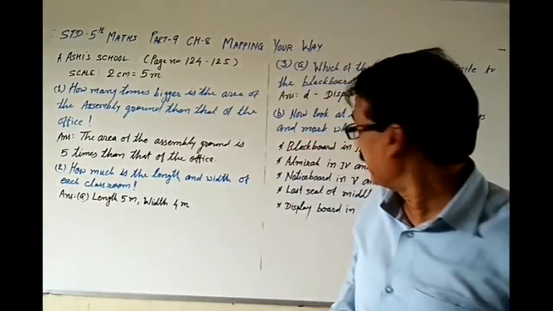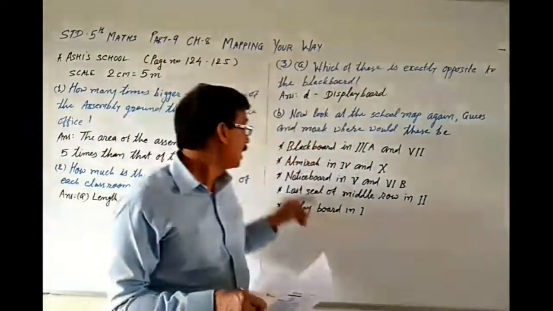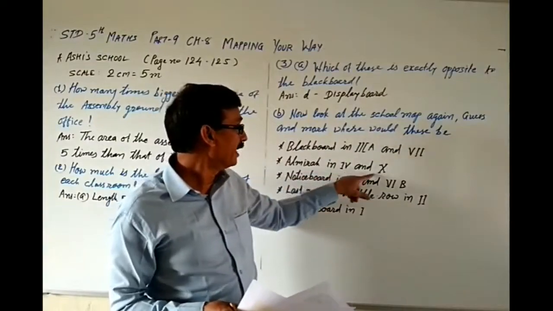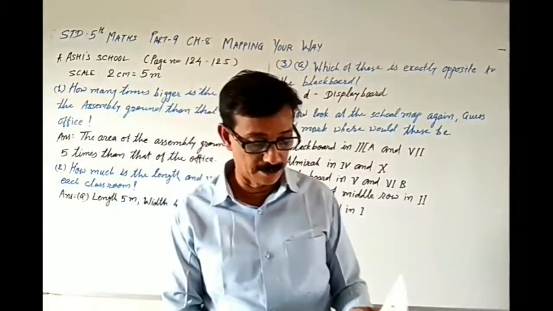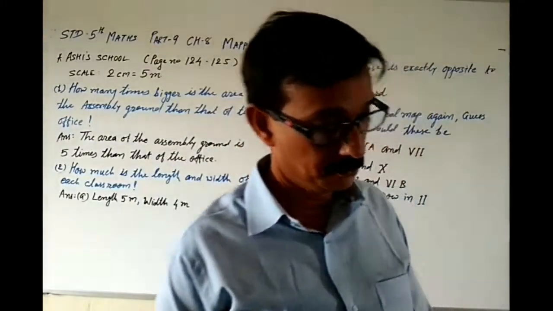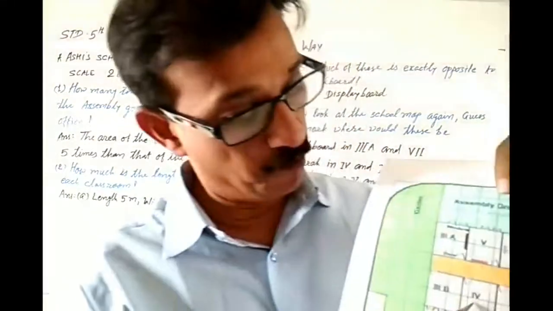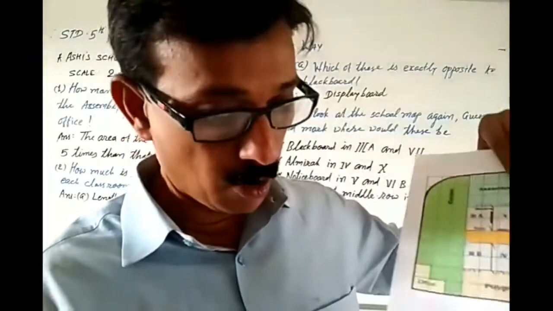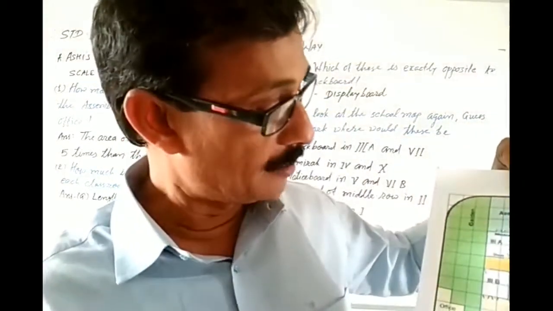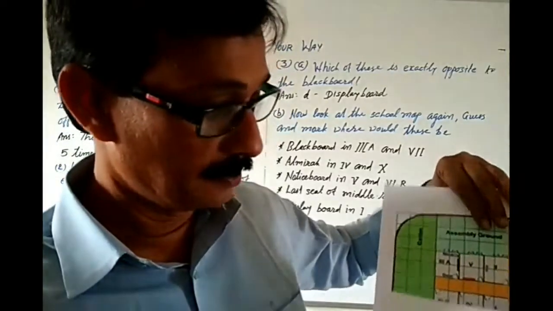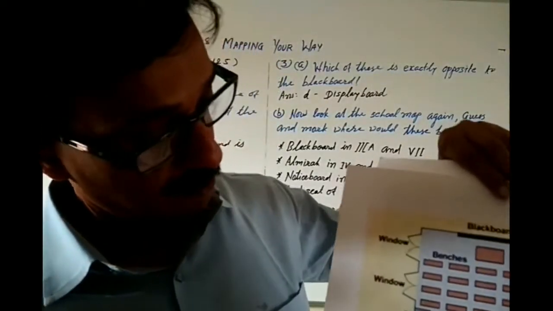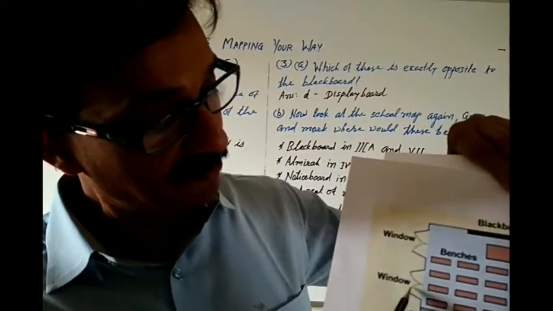Then after, the next one is almirah in 4th and 10th standard. First of all, in 4th standard, here there is the 4th standard. Now, where is the almirah? The almirah is over here, nearby the window.